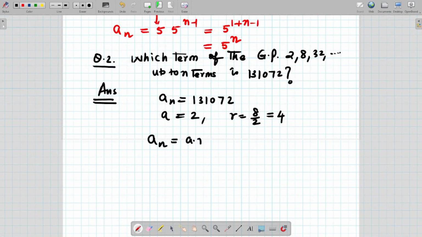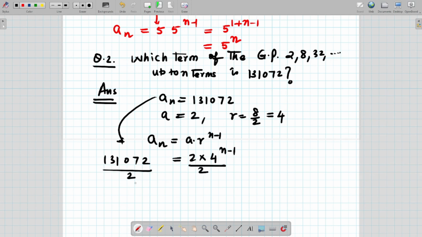So what is my an? an is a r^(n minus 1). So a की वैल्यू 2 into r की वैल्यू 4, right? And then its power will be n minus 1, and let's put the value an will be 131072. Let's divide it by 2. We shall get 65536 equal to 4 raised to the power n minus 1, correct?